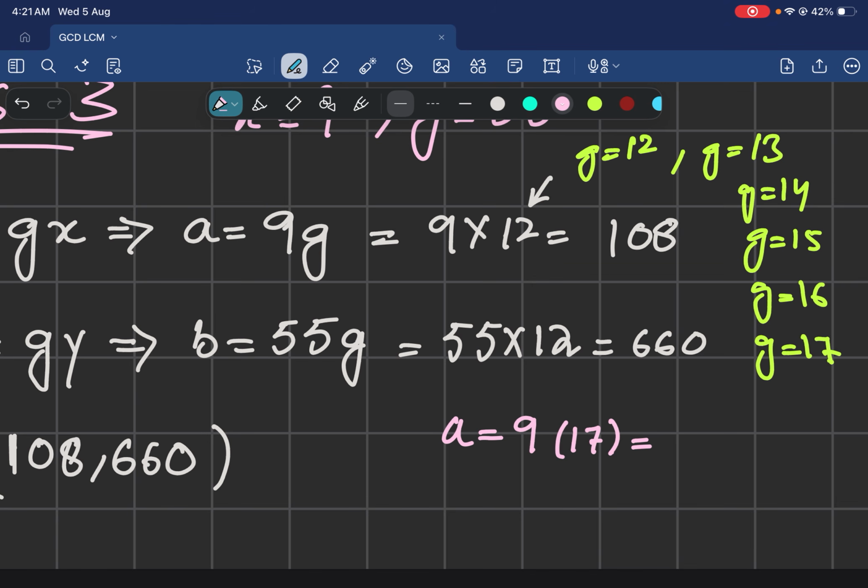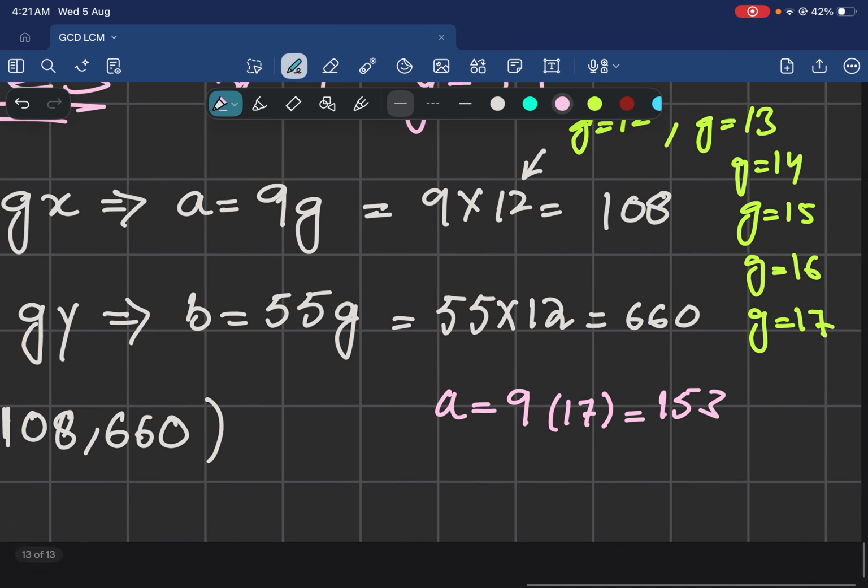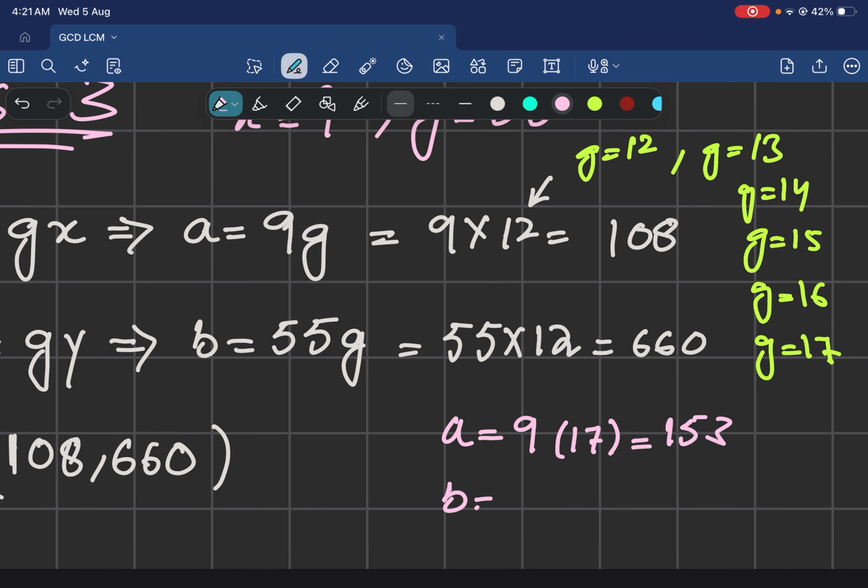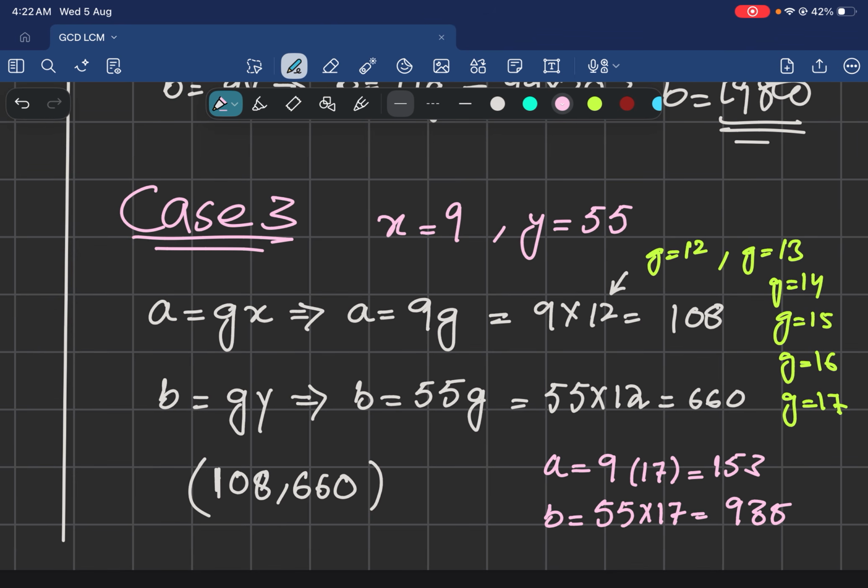So 9 into 17, let me get the calculator for a second, is 153. It is within the range. And b, 55 into 17 is 935. It is still in the range. So this is also a good pair that we have got.